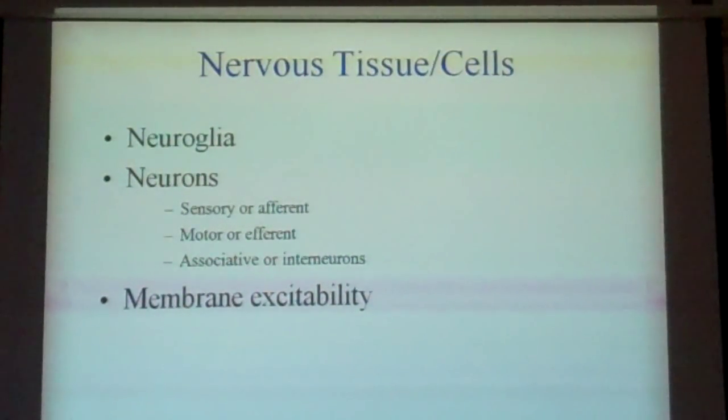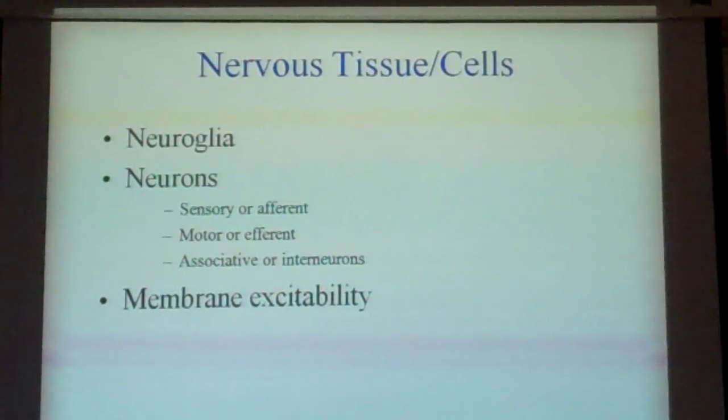And efferent, or motor, which makes sense, goes from the brain to the hand that has the muscles to move, or your foot to get you to walk. From the brain to the body part.